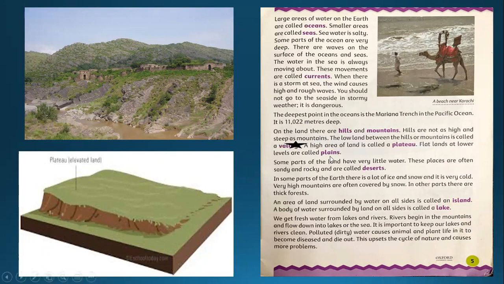Look, a high area of land, this is a plateau. It is not a hill or a mountain. It is elevated land, or you can say lifted up land, which is called a plateau. Or you can say a flat-topped hill.